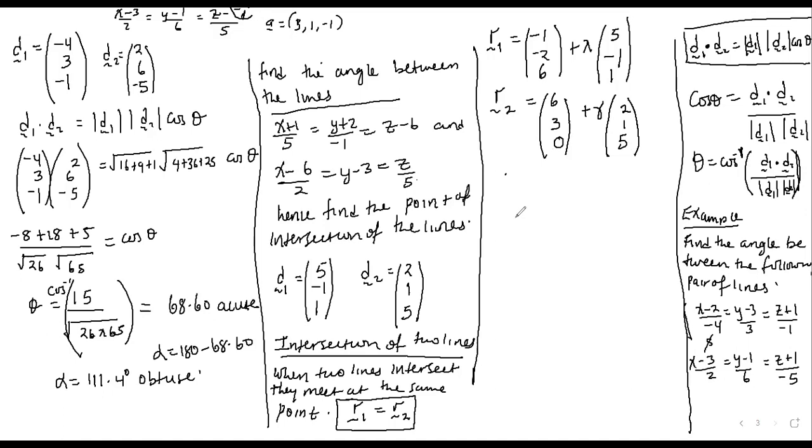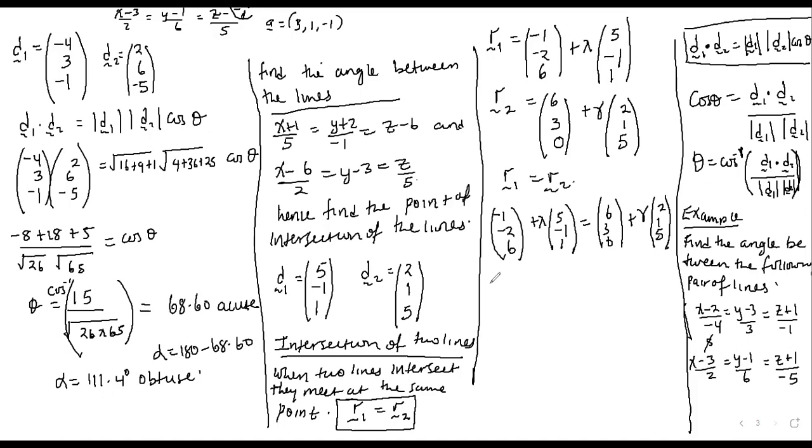Now we have said for the lines to intersect, R1 should be equal to R2. So -1, -2, 6 plus lambda into 5, -1, 1 should be equal to 6, 3, 0 plus gamma into 2, 1, 5.